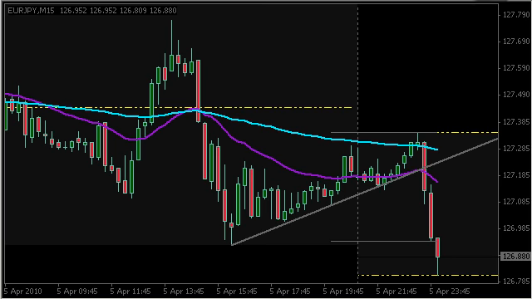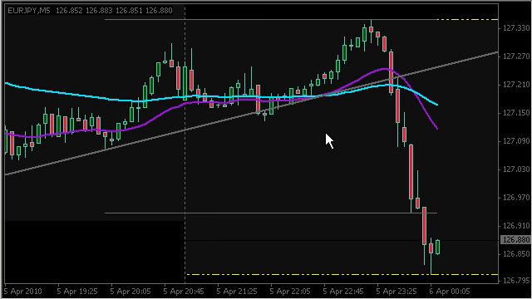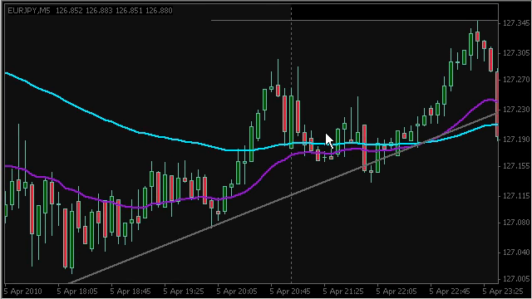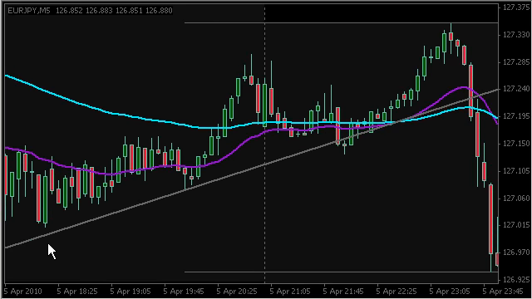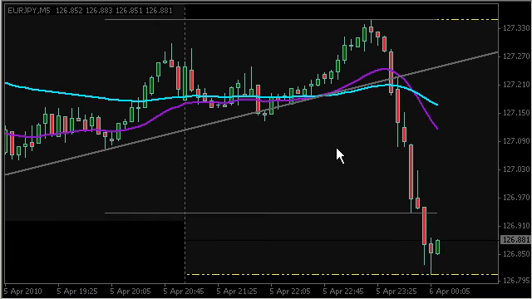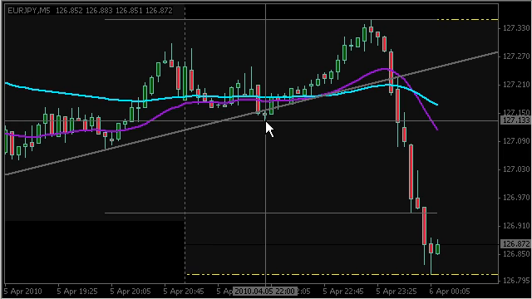So if I go down to the M5 now and have a look at what would have happened at that point, if I had been moving my pending order up this line and it was sitting at this point here, and it caused me to get into the trade, and then it retraced a few pips, I would be out. And in fact, once it's gone into positive territory, I'm probably out straight away.